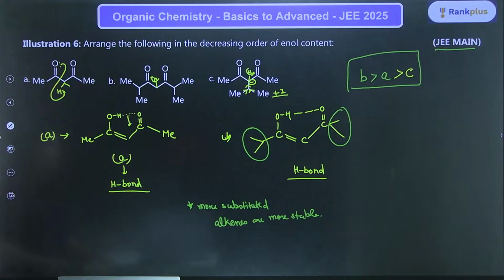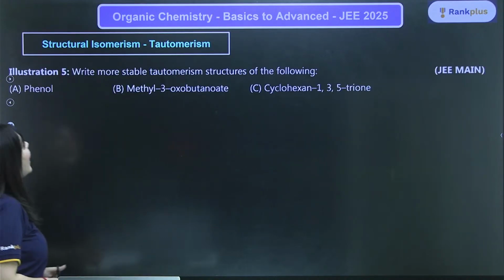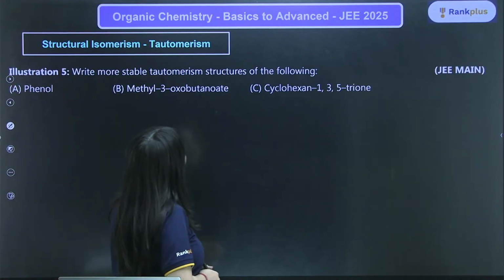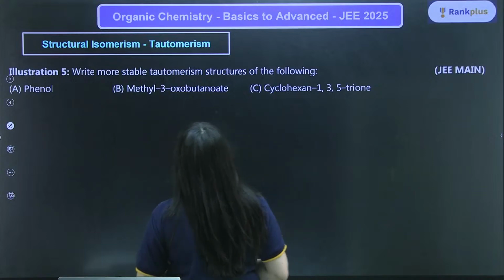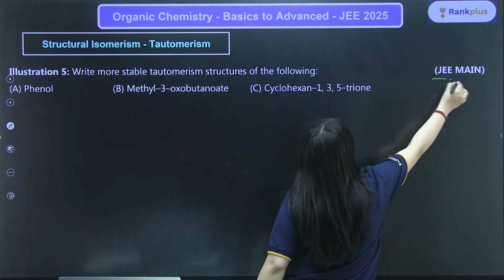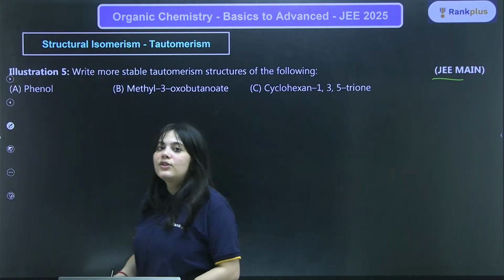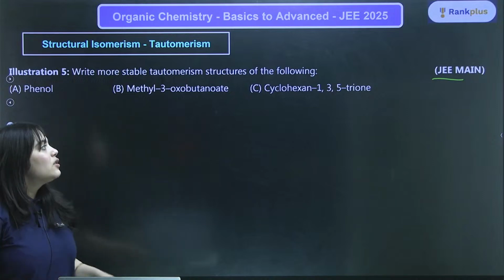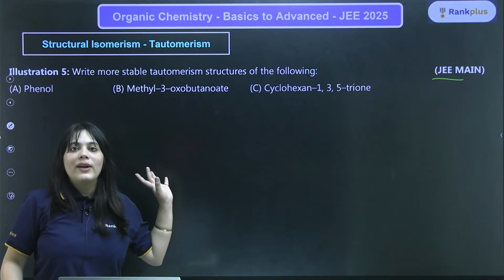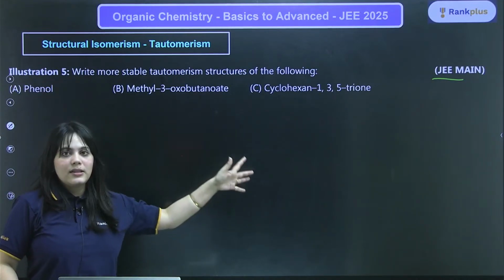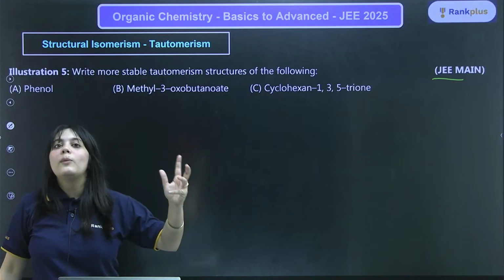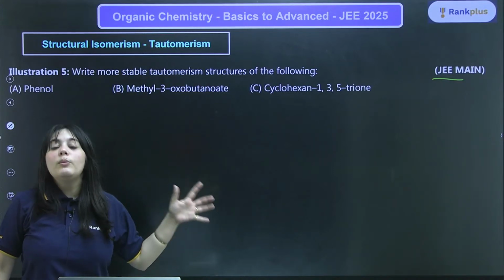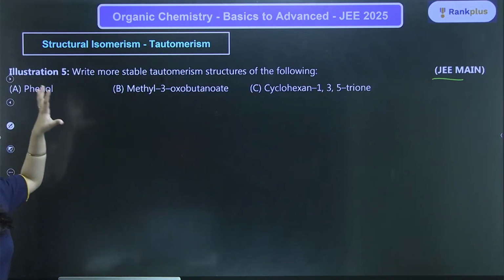Next is: write the more stable tautomeric structure of the following. Once again, you have a JEE Main question over here. Whenever I am writing a JEE Main question, it doesn't mean that it has been asked in the similar way. They've asked in the form of MCQs obviously, but you must know what kind of molecules they have given.